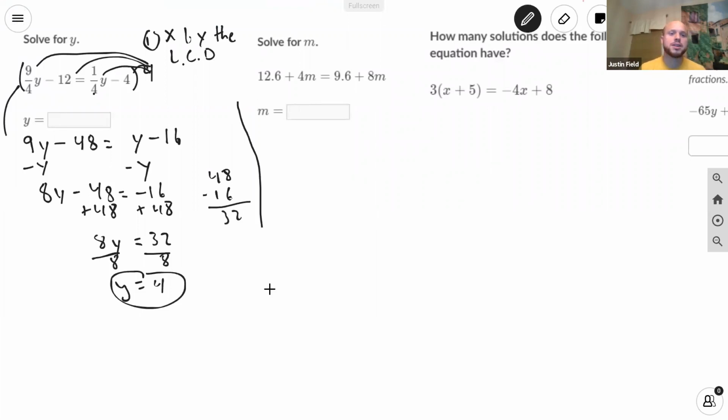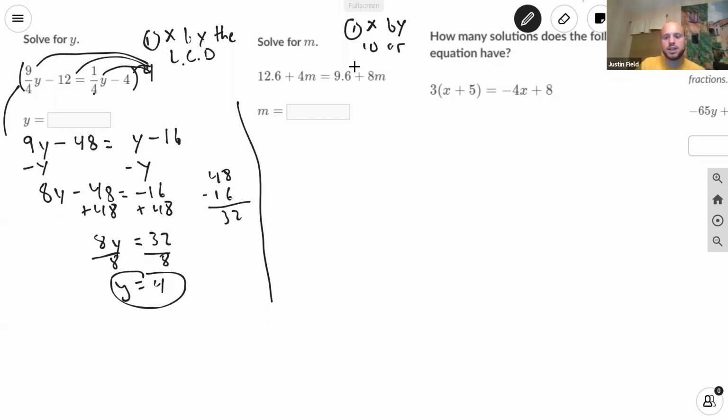Okay. So now to get rid of decimals, guess what? When you have an equation, you can also get rid of the decimals. So you just multiply by 10 or whatever the last decimal place is.